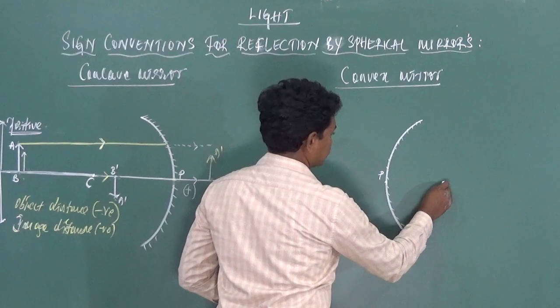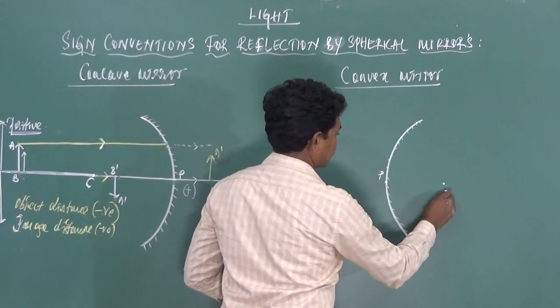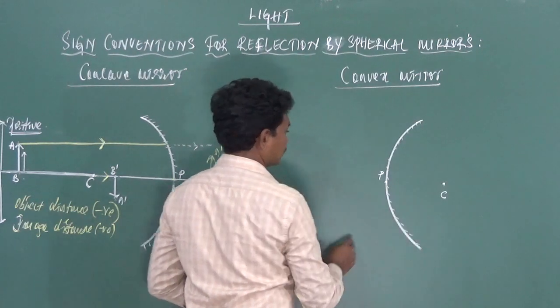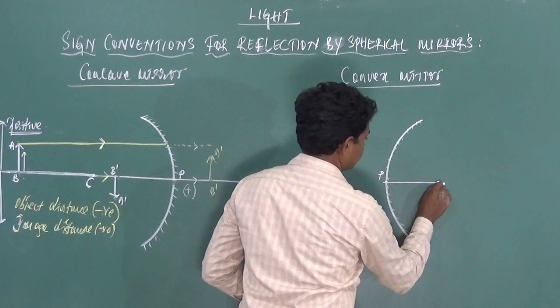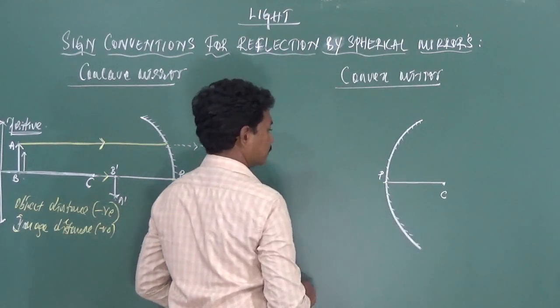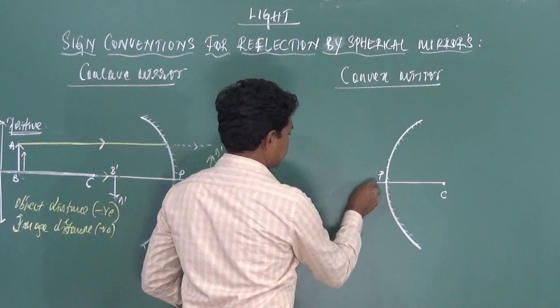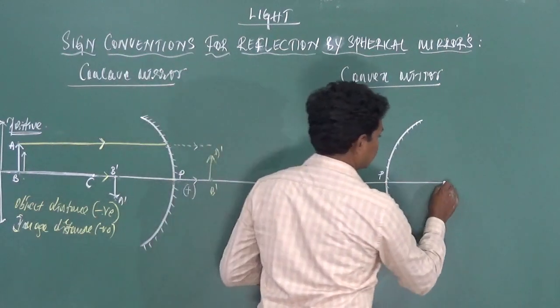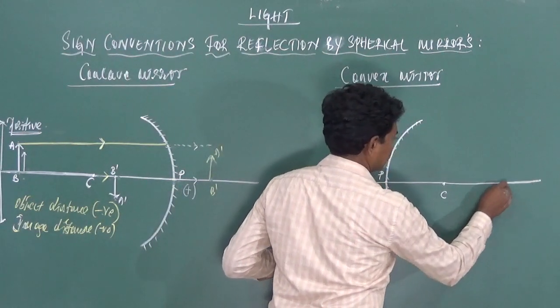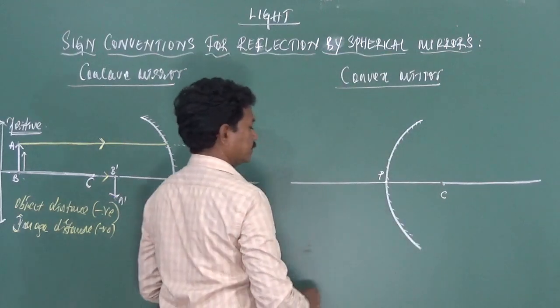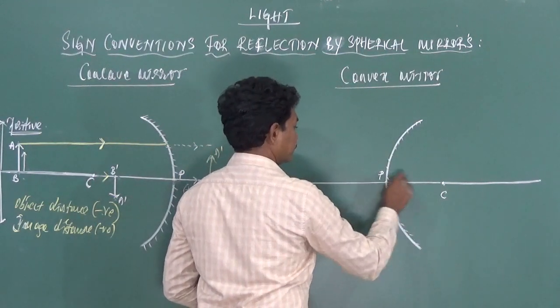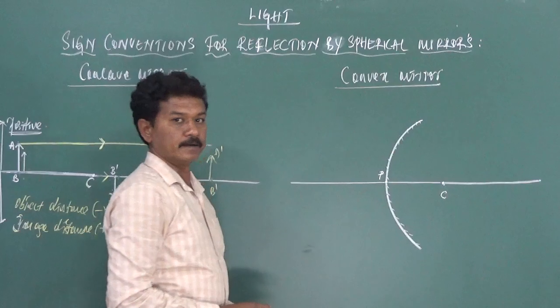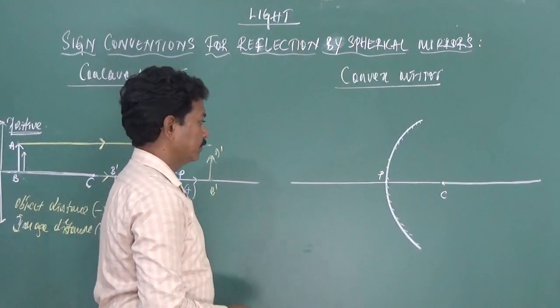This becomes the center of curvature. I will join these 2 points. This becomes the principal axis. I will extend the line in both directions. So this is the center of curvature. This is the pole. Right. Now we will go with the sign conventions again.